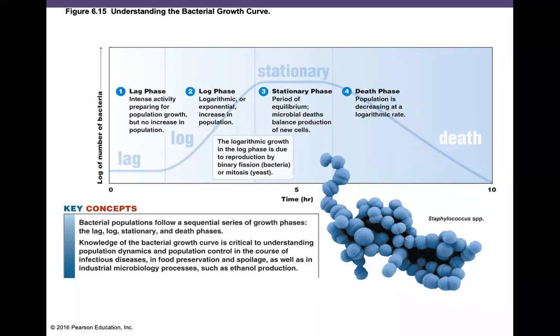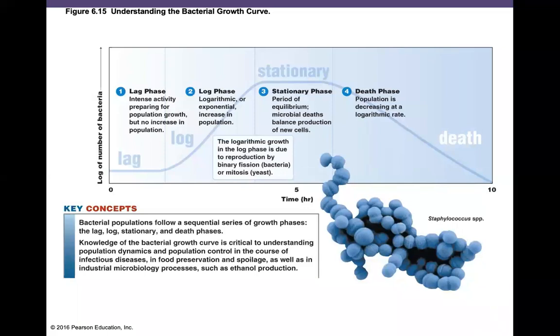And that takes some time. So the lag phase is just the quote-unquote cell waking up. The log phase is exponential, logarithmic growth. This is when the cell is doubling in numbers with each division, and you'll see numbers increase during the log phase.